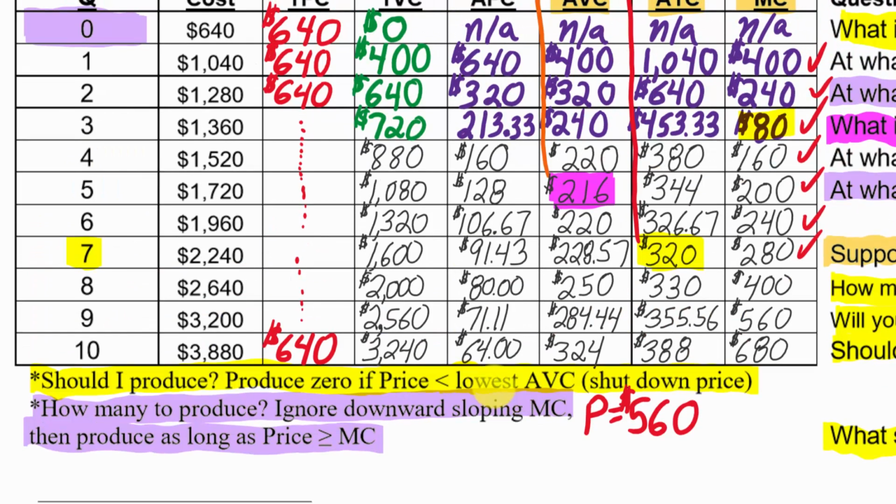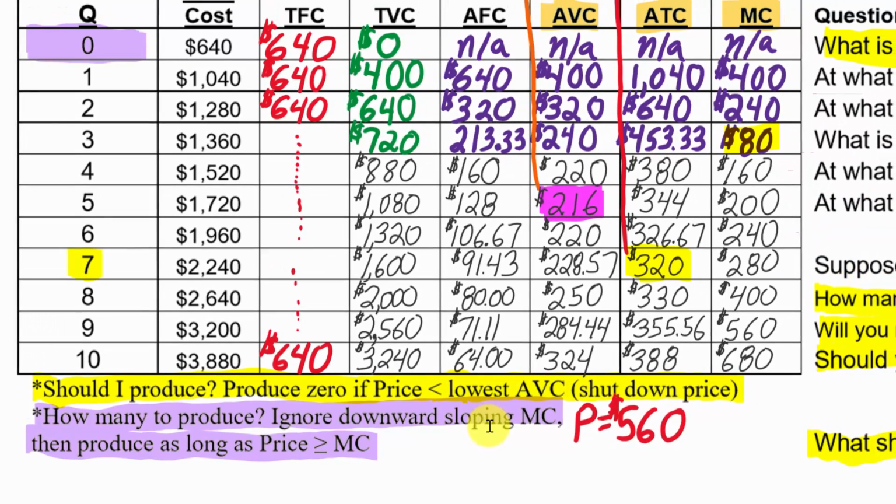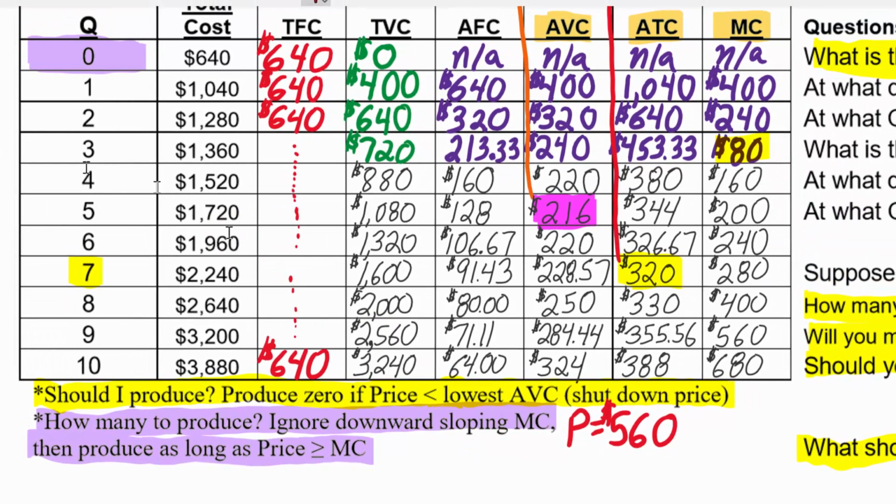So again, our rule is, should I produce? Well, we should produce some units if the price is bigger than the shutdown price, which 560 certainly is bigger than 216. So how many should we produce? Ignore the downward sloping part of the marginal cost curve and then keep producing as long as price is bigger than or equal to marginal cost. Okay, well let me erase these check marks over here and let's go through it again.